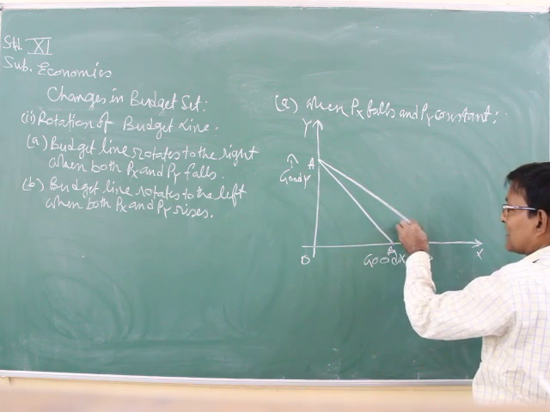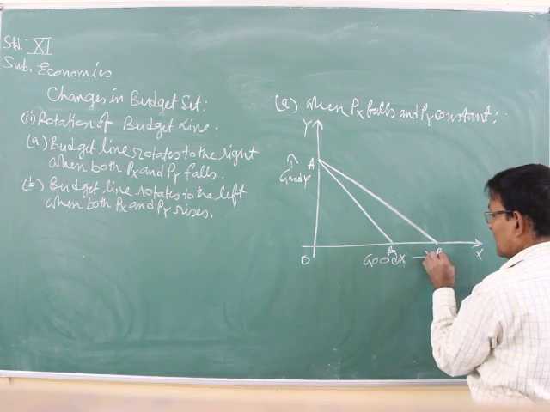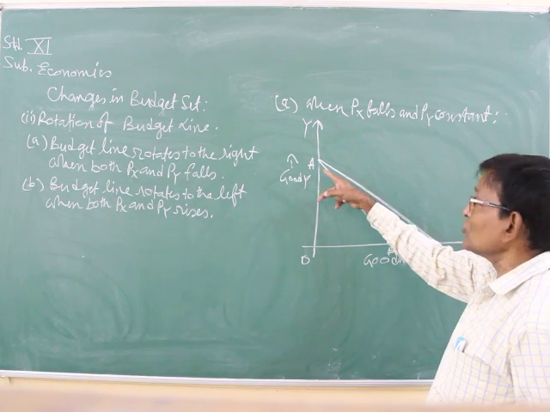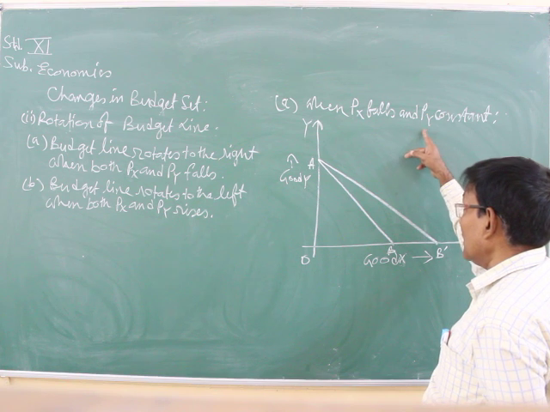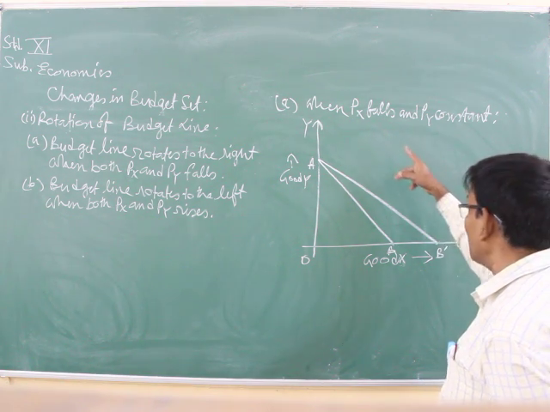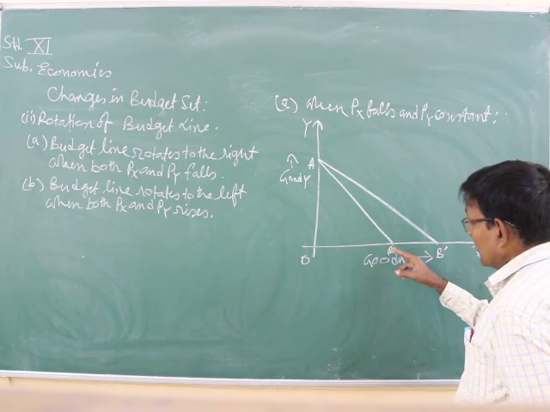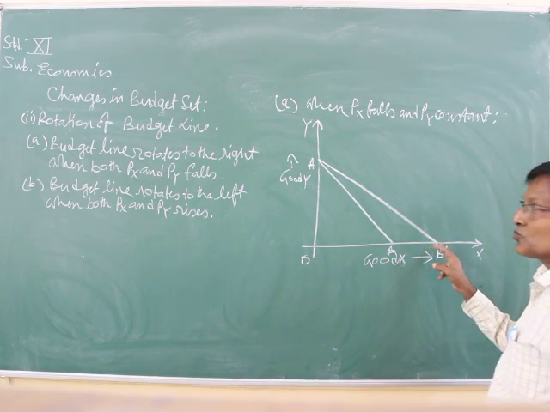This is the new budget line, where this point, the purchase of good Y, is constant. There is no change in the purchase of good Y because there is no change in the price of good Y. Due to the falling price of good X, we will purchase more of good X, so the purchase of good X will increase from OB to OB dash. So what should we write?